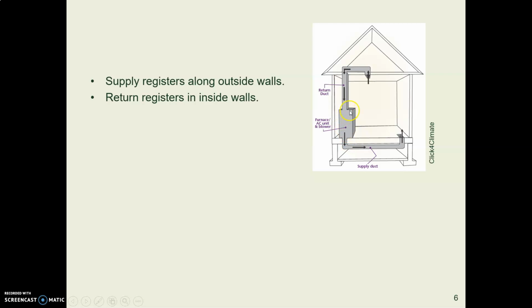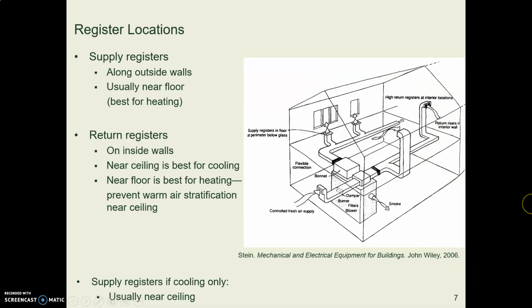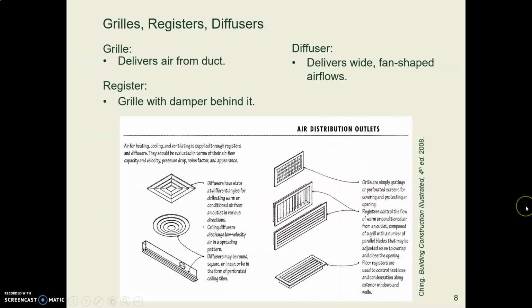But we do want to take nice hot air and blow it out against the cold outside walls and start to warm everything up. So you'll see supply registers usually along the outside walls, depending on what part of the country you're in. And you'll see these return registers. Different technicians will locate them different places, but they're always bigger. That's how you can spot them.